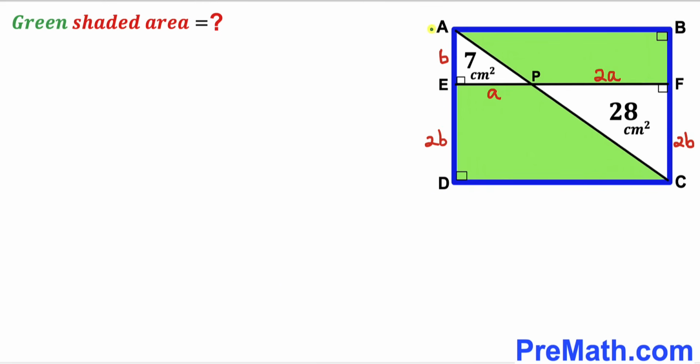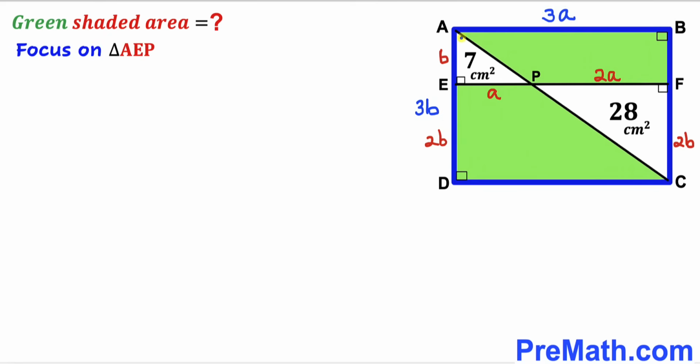So the whole side length of this blue rectangle is b plus 2b, which gives us 3b. Likewise, the whole EF length is a plus 2a, which makes 3a. So side AB is 3a as well. Thus the side lengths of the blue rectangle are 3a and 3b.